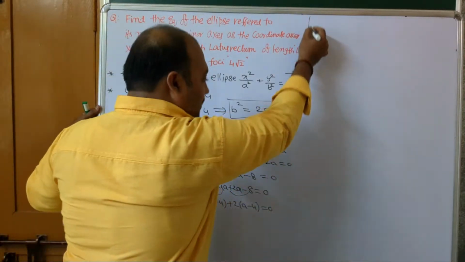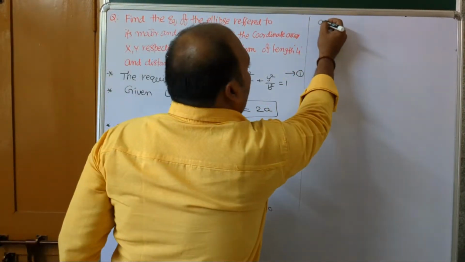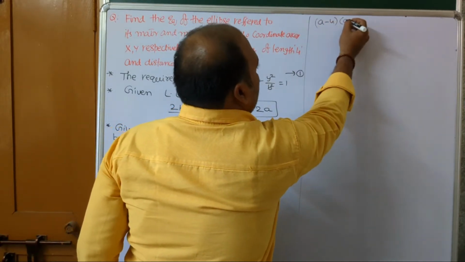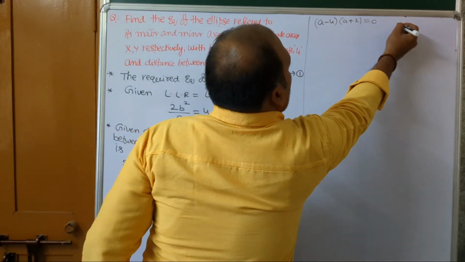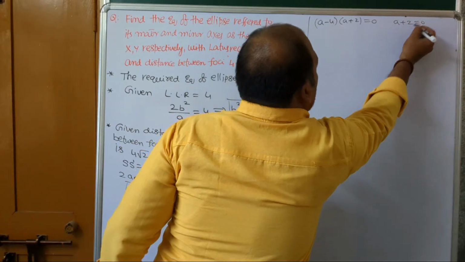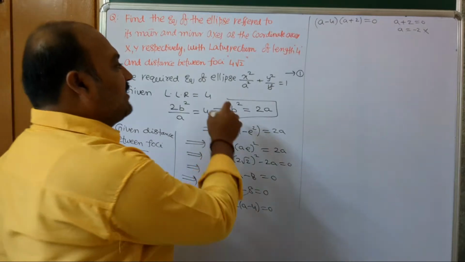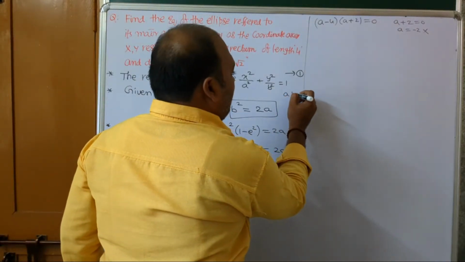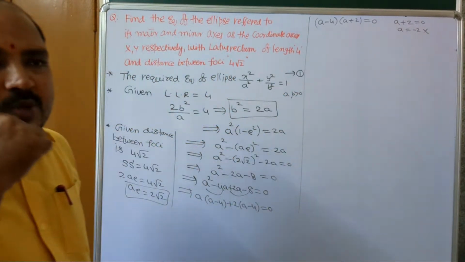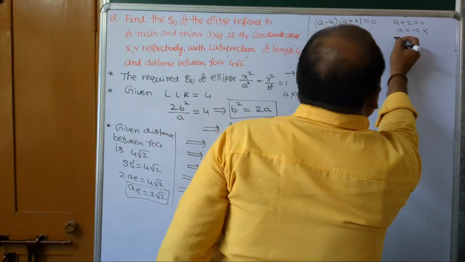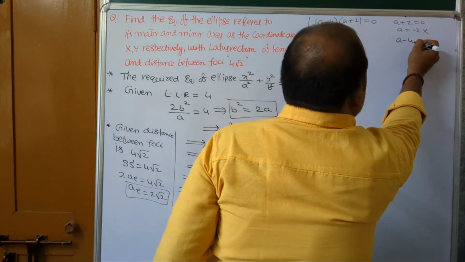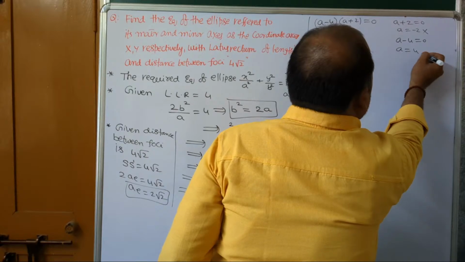From this, a minus 4 taken common, a plus 2. So a plus 2 equal to 0 gives a equal to minus 2, not admissible, since a and b are both greater than 0 here. So a minus 4 equal to 0, therefore a is equal to 4.